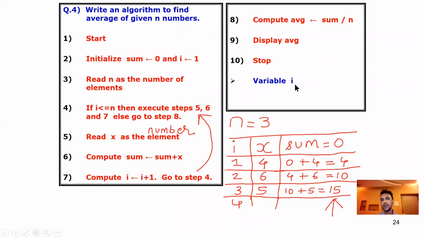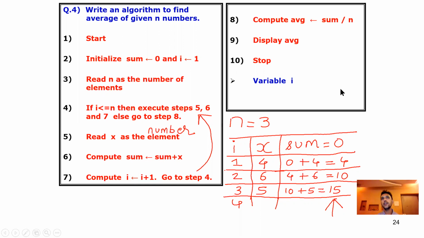No. Because step number 6 is very clear. It says sum is equal to sum plus x. So variable I is nowhere used in finding the value of sum.